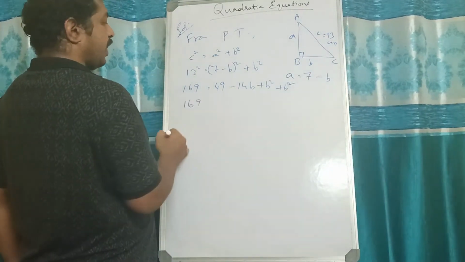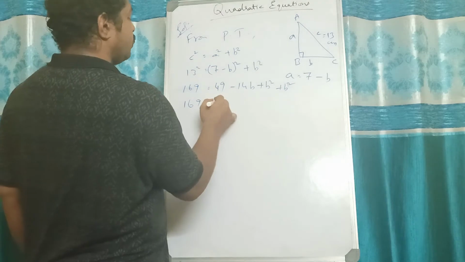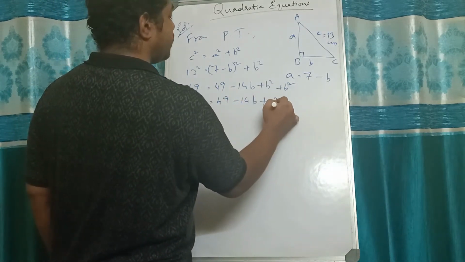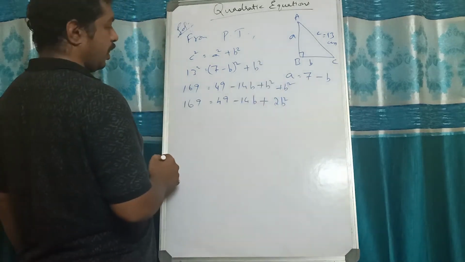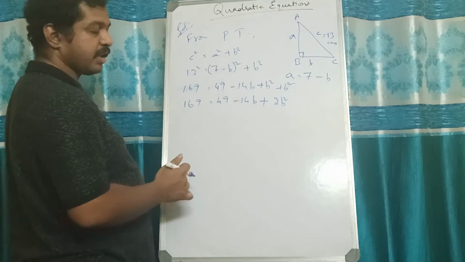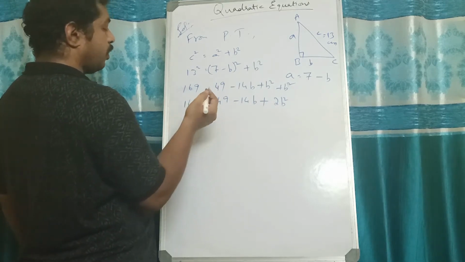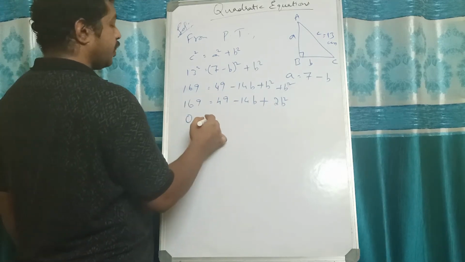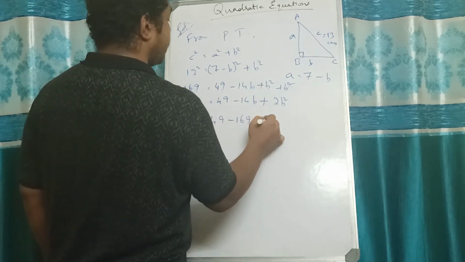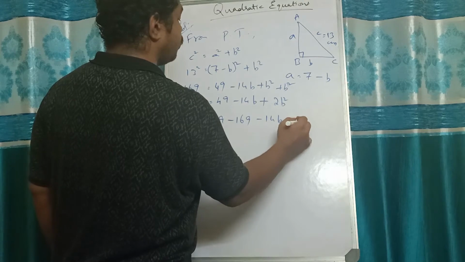Now 169 is equal to 49 minus 14b plus b square, which gives 2b square. So now I will bring this 169 to the right hand side of the equation so that no term remains here. So 0 will be equal to 49 minus 169 minus 14b plus 2b square.